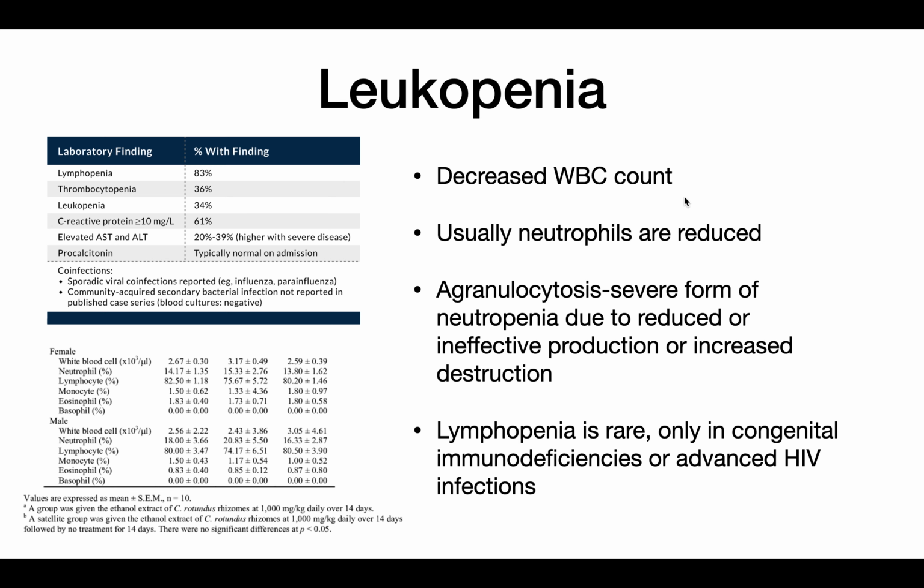Leukopenia, the definition is just a decreased white blood cell count, and usually it's the neutrophils that are reduced. So in females, it should be from like 14 to 13% of your neutrophils, and in males, it should be about like 16 to 20.